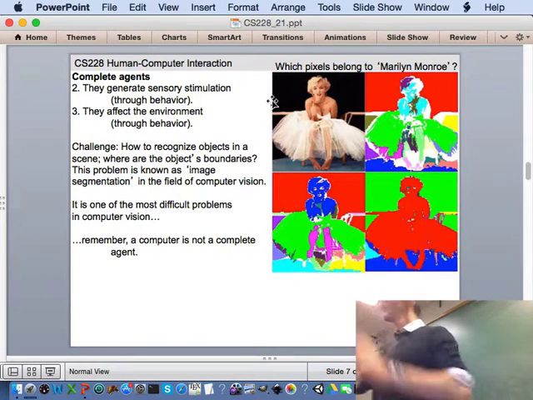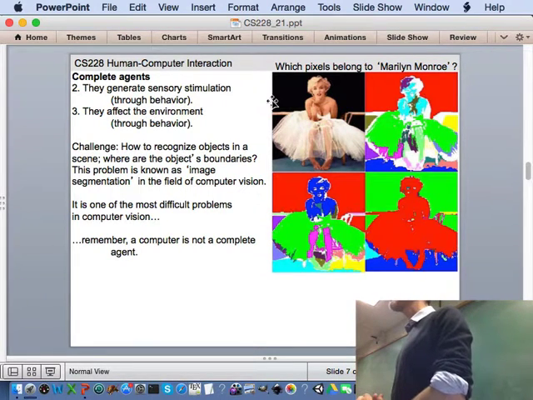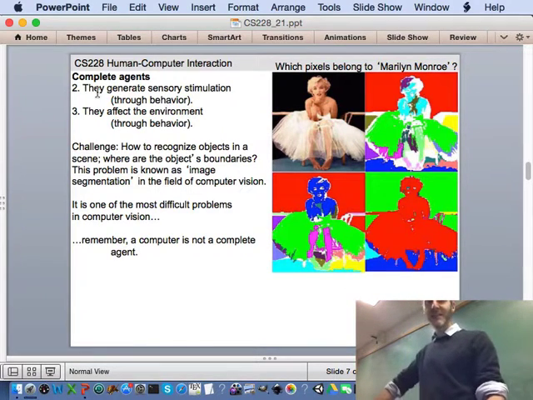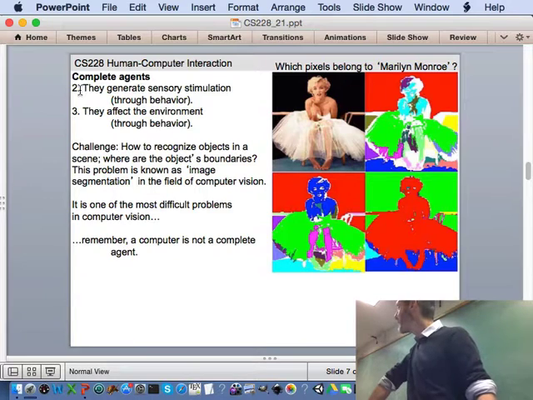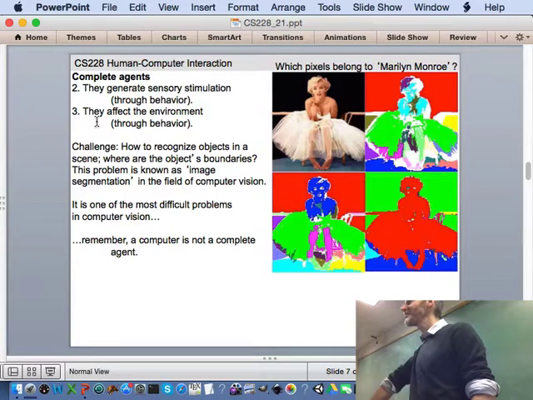Even so, assuming that we do make a machine that can interact with objects to recognize them, how would the machine do that? I'm going to show you a machine that does do that, and it does it by relying on these two other aspects of a complete agent, which is when I act, I generate sensory stimulation, and when I act, I affect objects in my environment.